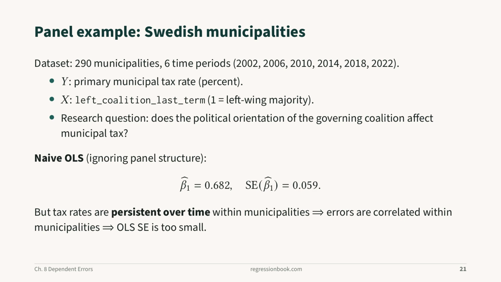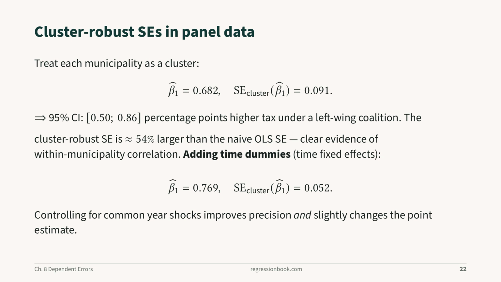But tax rates are persistent within municipalities, so errors are correlated within them, and that standard error is too small. Clustering by municipality corrects it. The same coefficient, now with a standard error of 0.091, about 54% larger, clear evidence of within-municipality correlation. The interval runs from half a point to nearly 9/10.